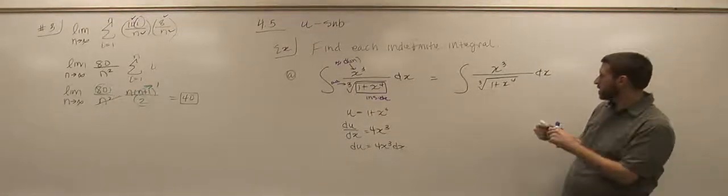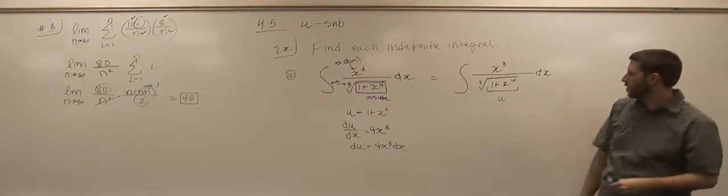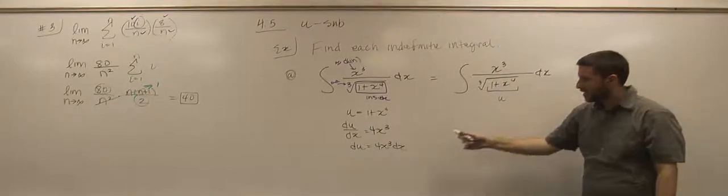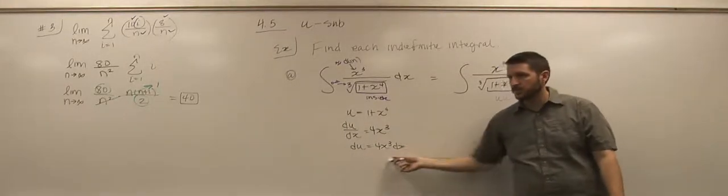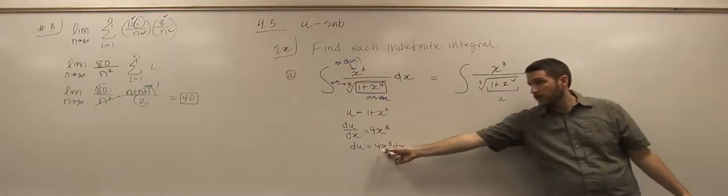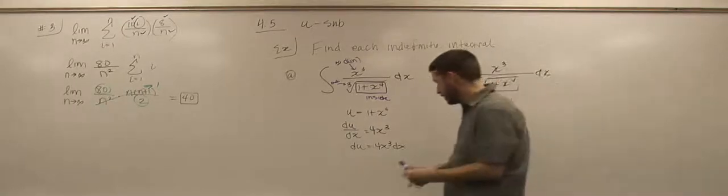The 1 plus x to the 4th is already done, right? That's u. This x cubed dx is going to contribute to du. Right, I need to get that 4 in there. In order to put du in here, there has to be a 4 in front.